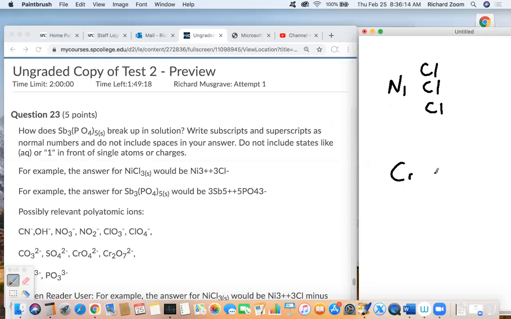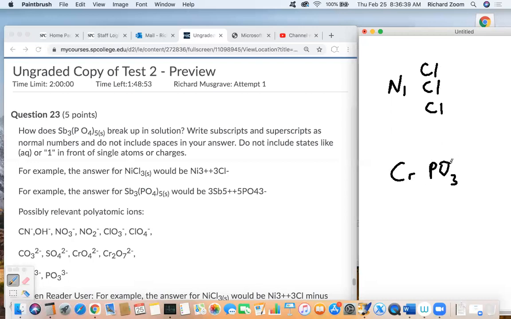This is where people get confused. NiCl3 would be Ni and 3 Cls, yet CrPO3 would be 1 Cr and 1 PO3. That's where people get confused. What's the difference here? Why do I handle NiCl3 differently, or apparently differently, from CrPO3?